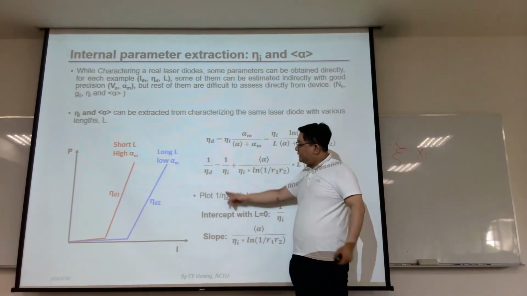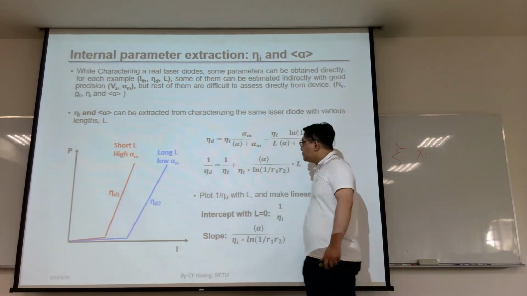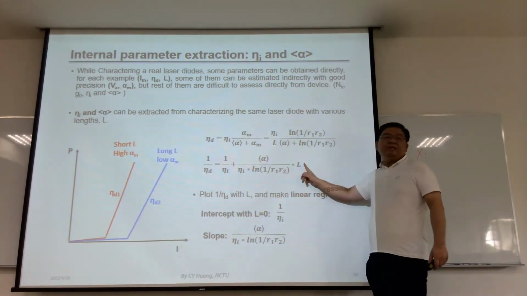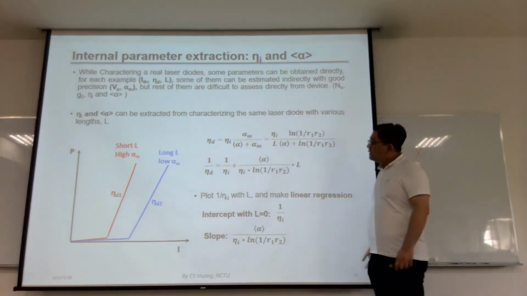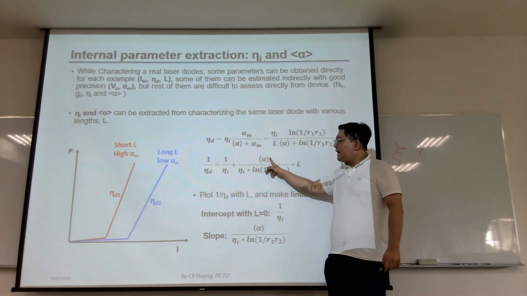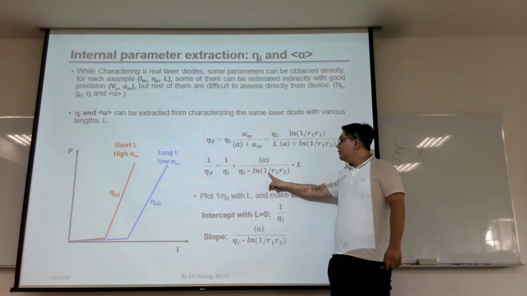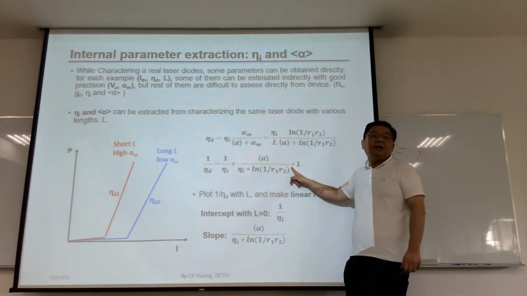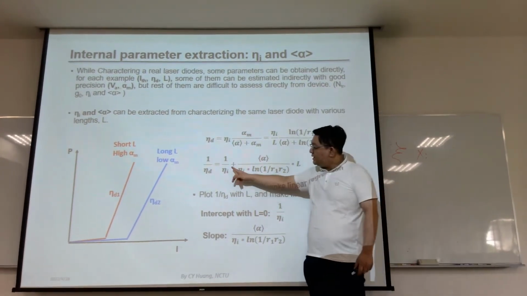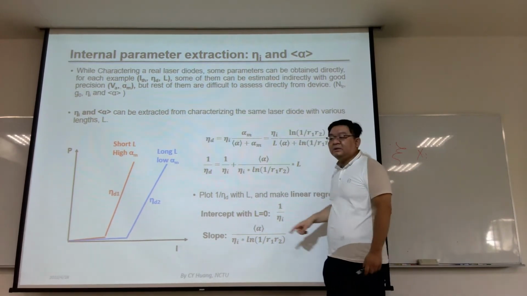We can plot the inverse of the slope efficiency eta d under different lengths. Then the slope will be alpha i divided by eta i times natural log of 1 over R1R2, and the intercept will be 1 over eta i.